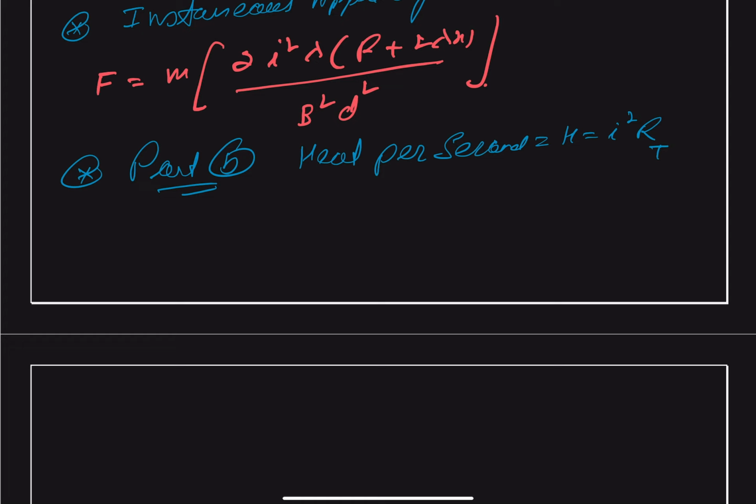And we can write H equal to I squared times R total, which is R plus 2 lambda times x.